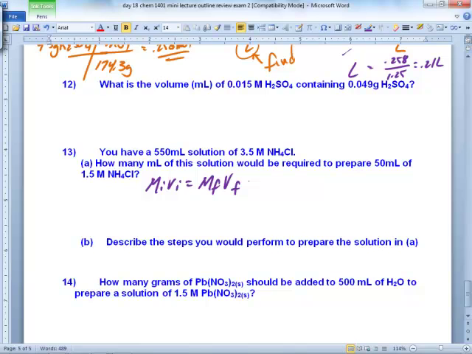So Priscilla, we've got 4 variables here. Which one are we going to be solving for? It's the VI. In fact, it's pretty much always the VI, right? I don't know if you notice that. So that means we have to know everything else. So leave VI alone. What's MI?